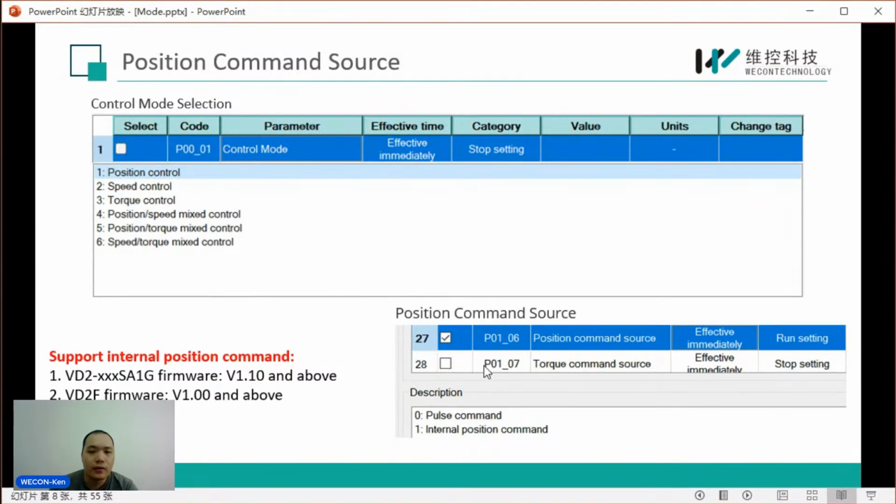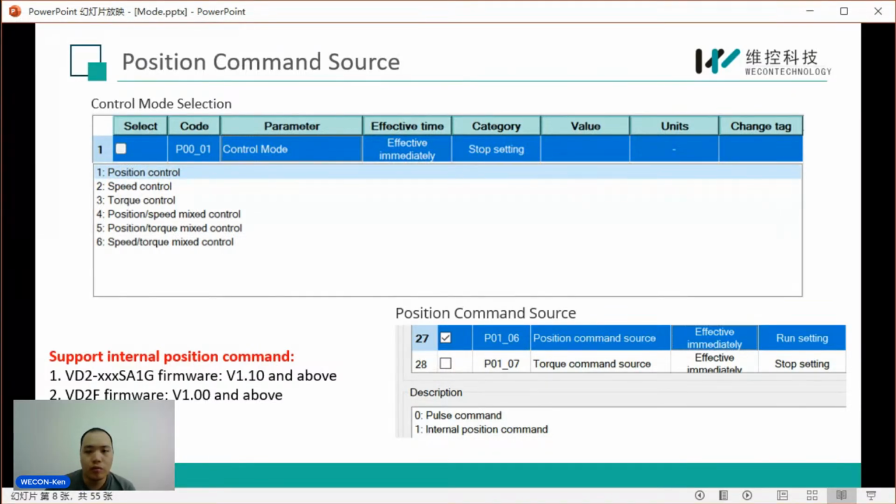And here is the position command source, P0-06. You can see the drive supports two modes, pulse command and internal command. You need the PLC to send pulses when you set the parameter to 0.